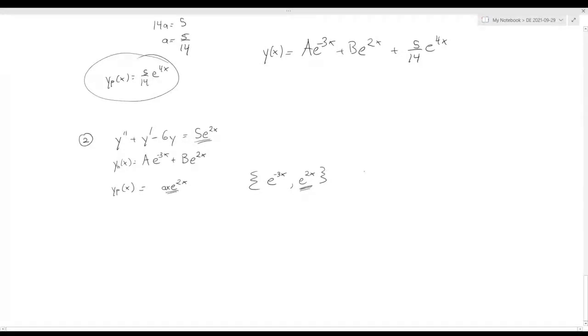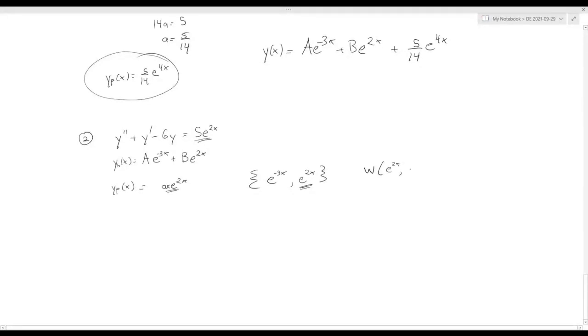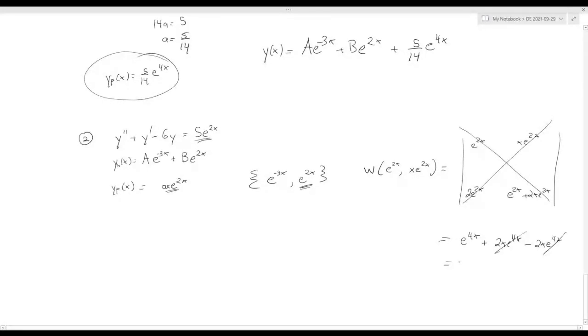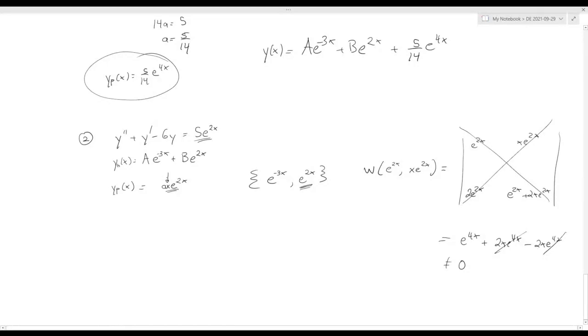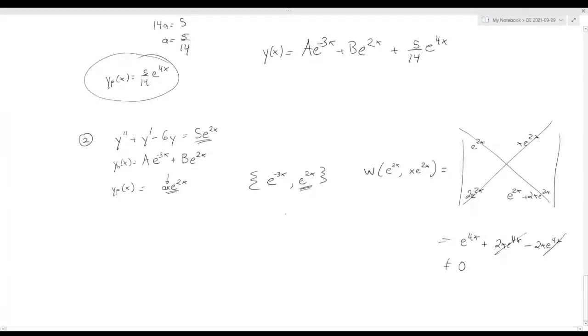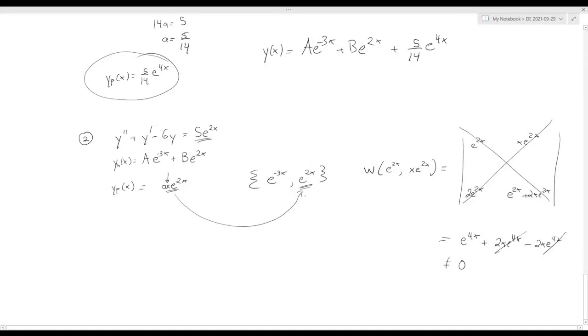You can use the Wronskian to quickly see that indeed these would be independent. Compute the determinant here, minus. So indeed that's always positive, so it's never 0. Okay, so we have independence. This multiplication by this single factor is just to make the particular solution linearly independent from everything in the fundamental solution set.